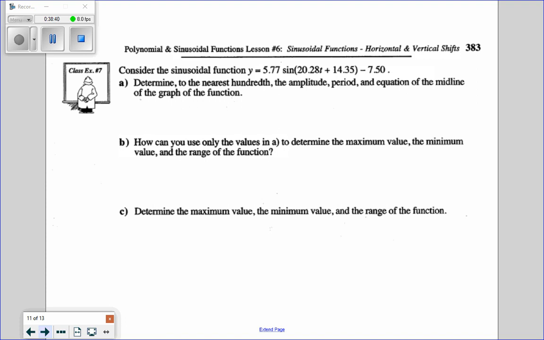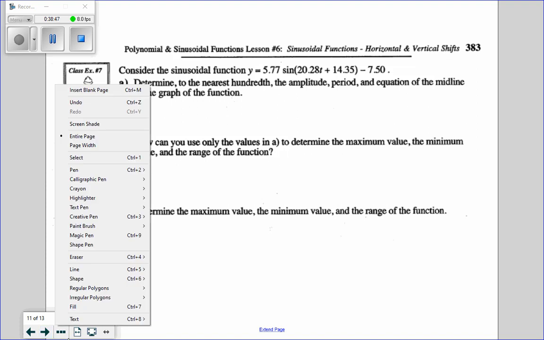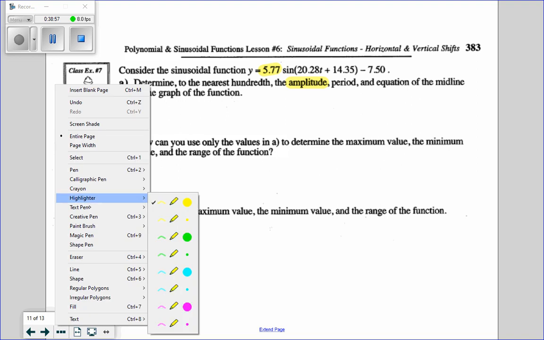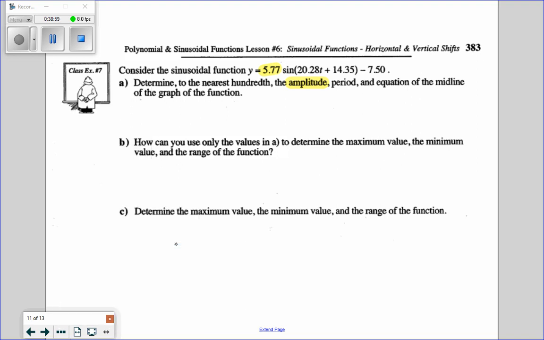It's the placement of those numbers. So the first thing that you see, what's the first number that you see? It's always going to be the amplitude. The last number that you see is going to be the midline.